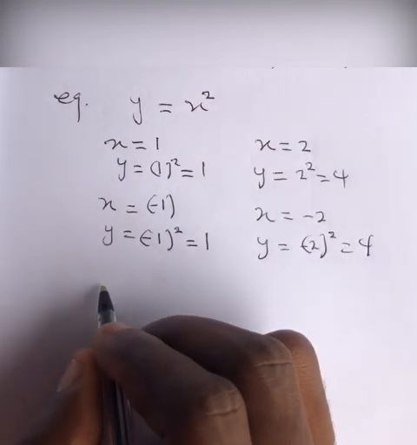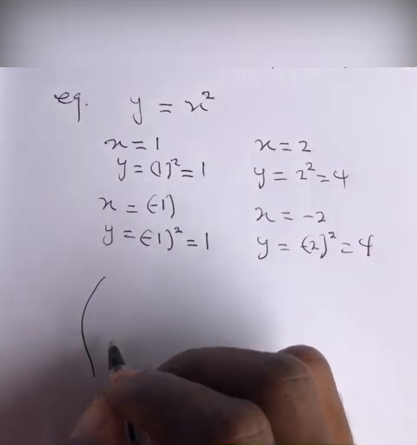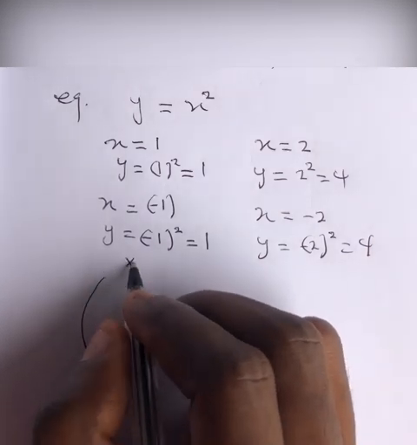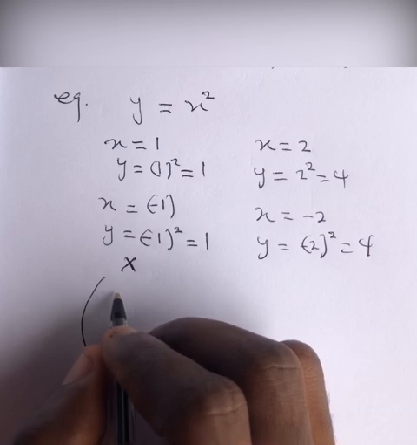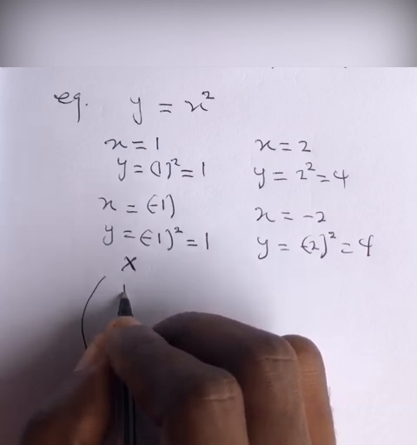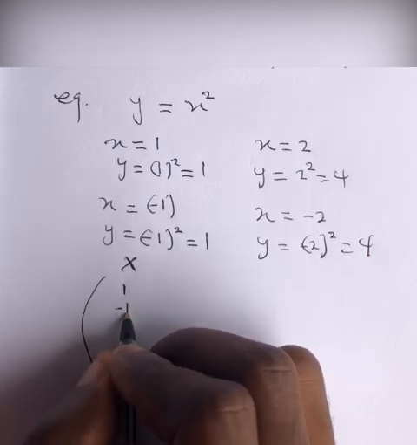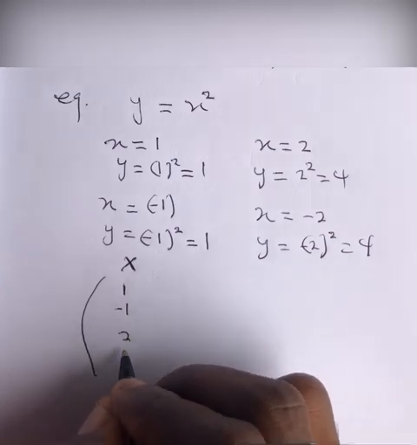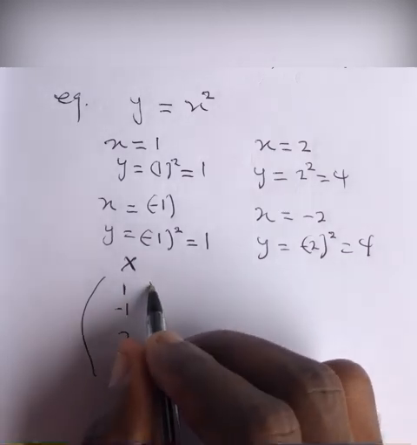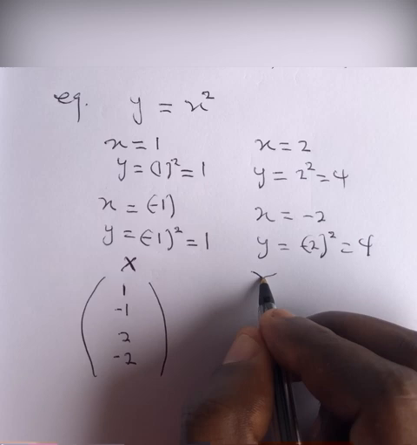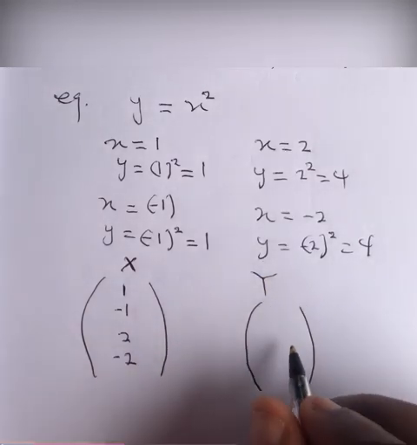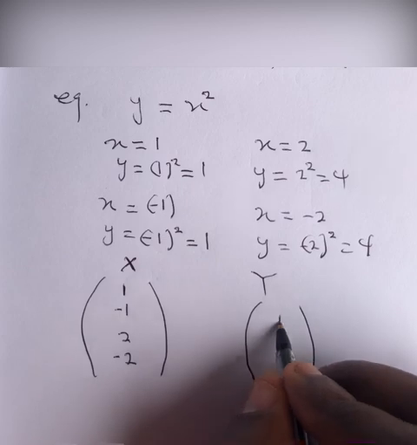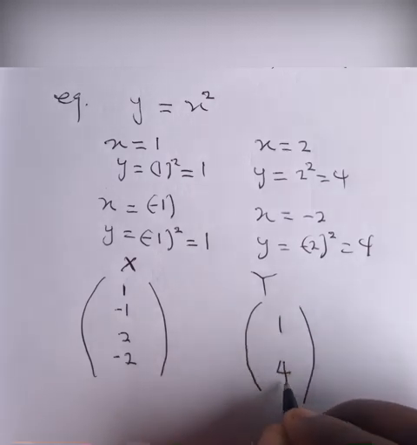So now let me try to list the values of x, which is the domain. I have 1, -1, 2, -2. Then I list the values of y, which is the codomain, and I have 1, then 4.